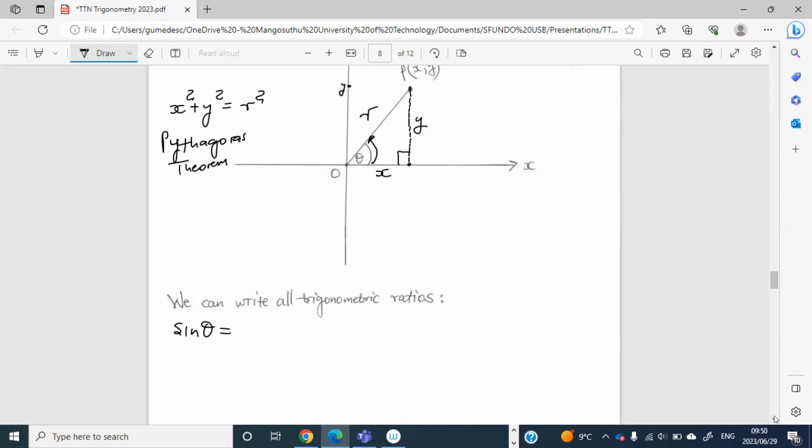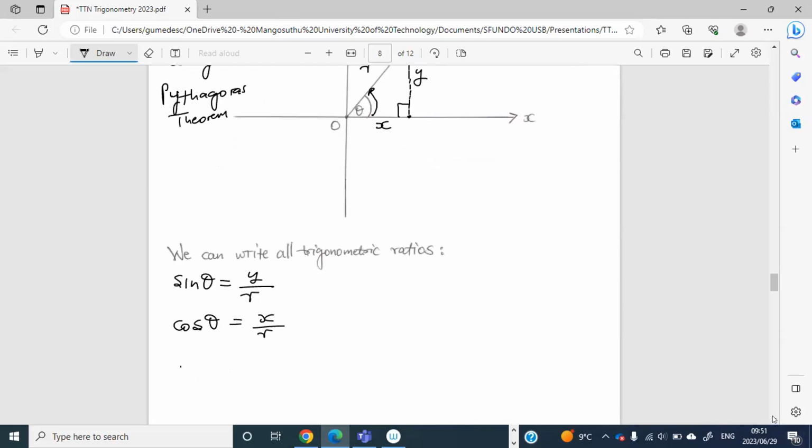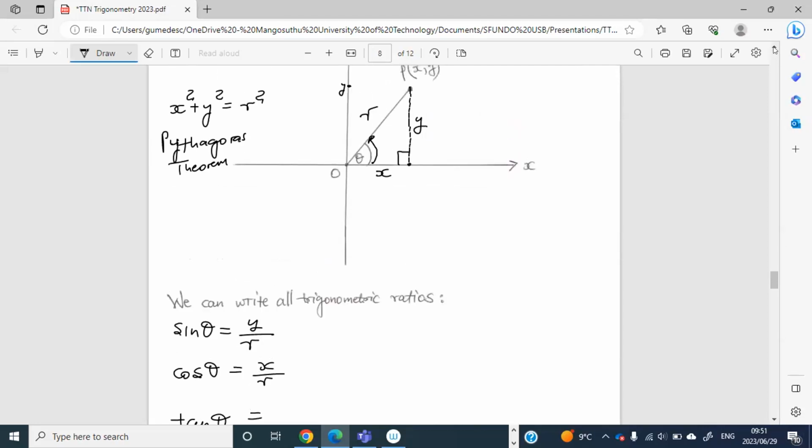So sine of theta will be opposite over hypotenuse: y over r. Cos theta is x over r, which is adjacent over hypotenuse. And tan theta is opposite over adjacent, which is y over x.